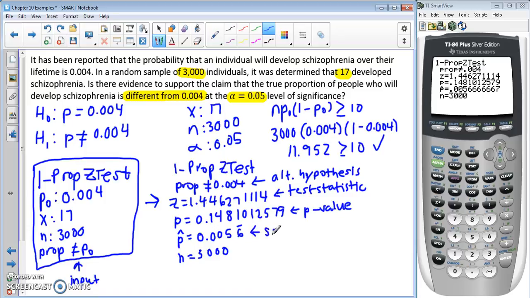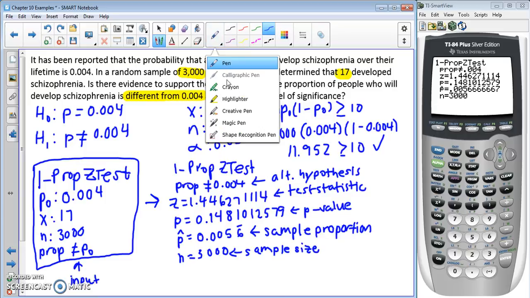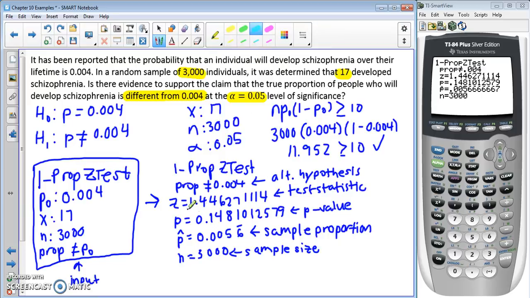This is our sample proportion, our point estimate. We've heard it called before. And then this is our sample size. So what we're really concerned about here are two values. We're concerned about our test statistic and our p-value.